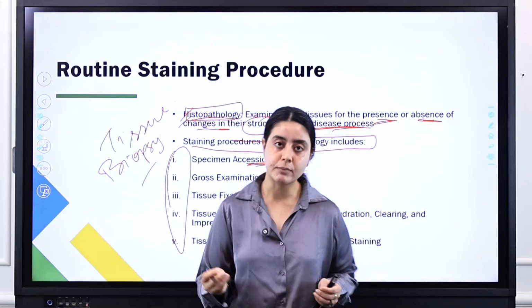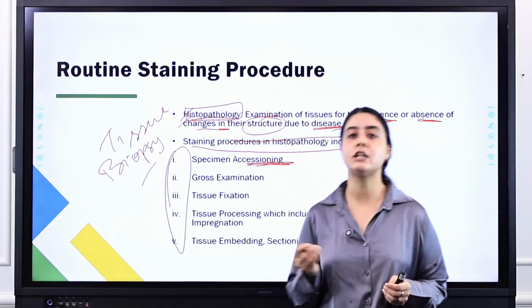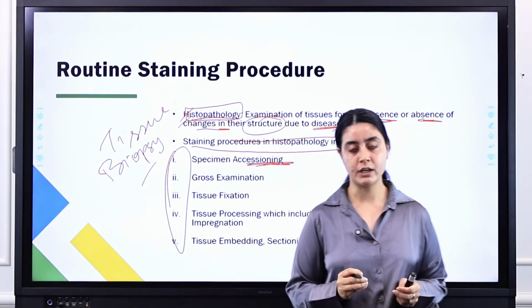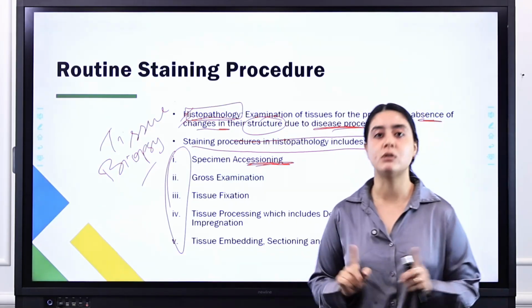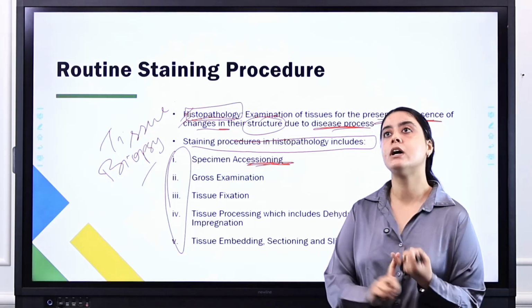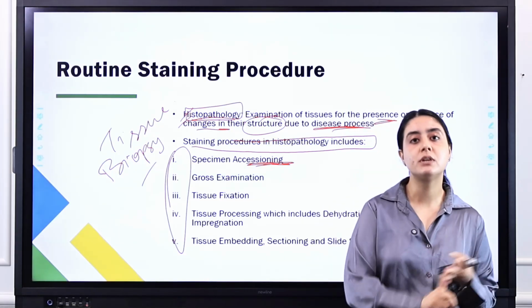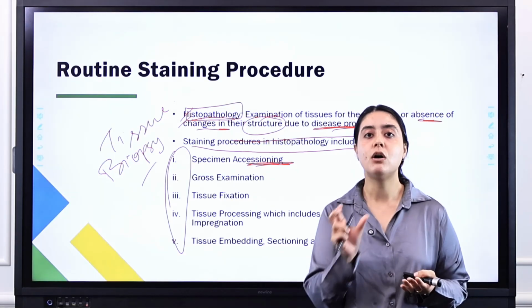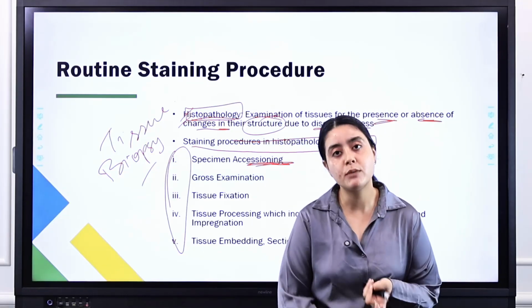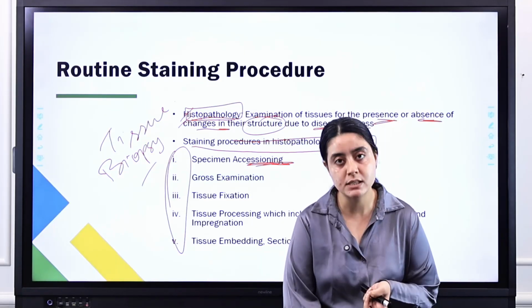It is a tissue sample, it is a biopsy sample, or it is an organ. Sometimes in the histopathology laboratory we receive whole organs also, like we receive a liver specimen, breast specimen, uterus, intestines, or sections of these organs. So first we have to assess what type of tissue this is, what type of specimen this is.